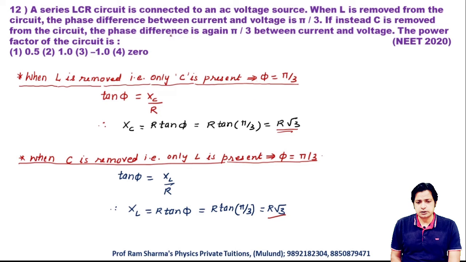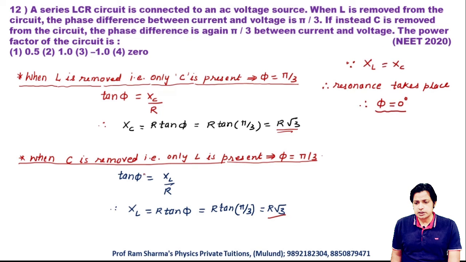So phi is equal to 0, and they asked you the power factor. Power factor is cos phi, which will be equal to 1. So that is the answer.